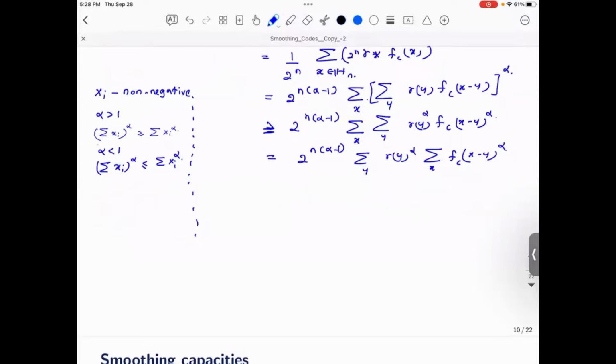So if you notice, Fc x is equal to 1 over the size of the code when x is in the code, and 0 when x is outside the code. Using that fact, you can see a norm here, that is 2 to the power n, r alpha alpha. The summation looks like m.